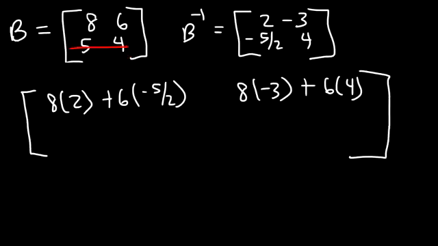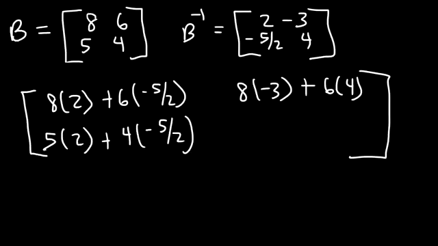And then it's going to be row 2 times column 1. So that's 5 times 2 plus 4 times negative 5 over 2. And then row 2 times column 2.